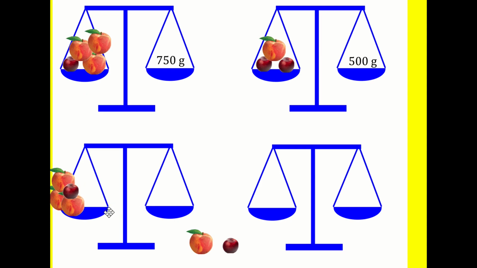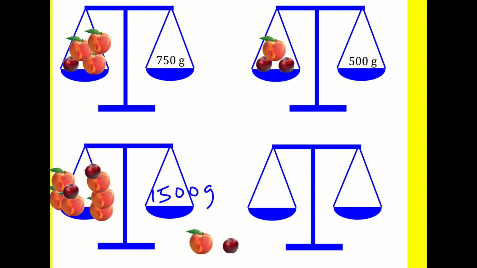What if I then did another 3 peaches and a cherry? What would that weigh? Well, I've got one lot that weighs 750 grams, but this other lot is identical, so it's also going to weigh 750 grams. And I can say that this is 1,500 grams.